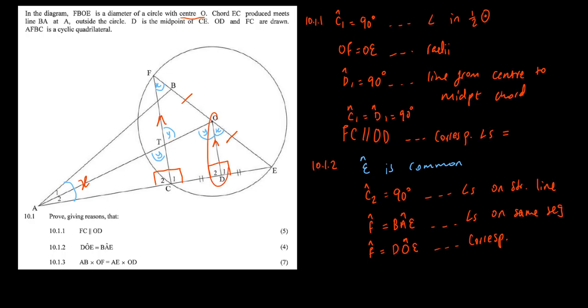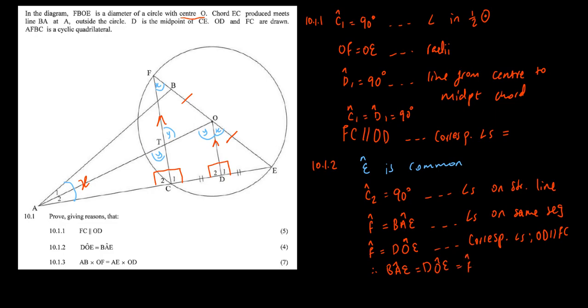Remember this one was parallel to that, right? Corresponding angles. Because OD, we said it was parallel to FC. So since these two are equal to F, then therefore it concludes that BAE is equal to DOE, because both of them are equal to F.